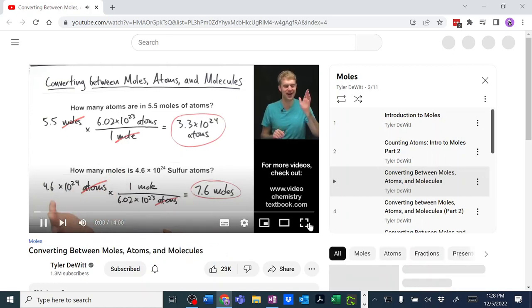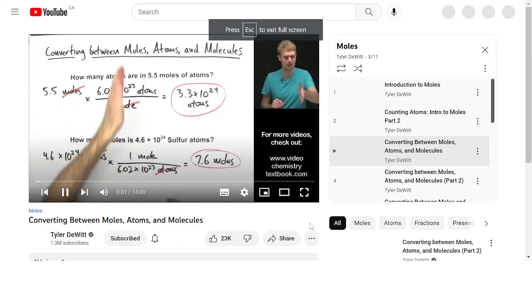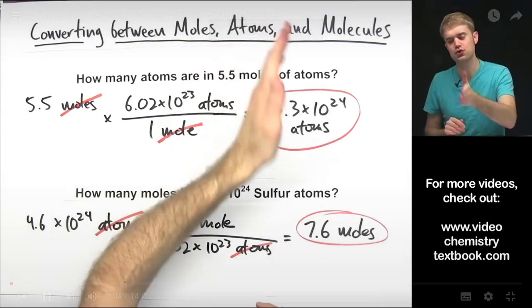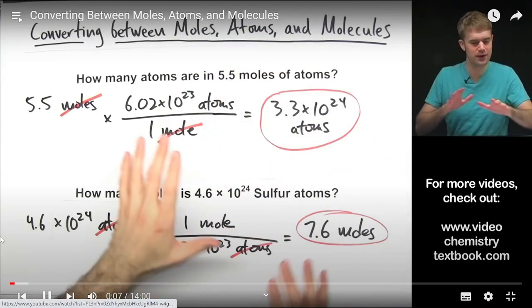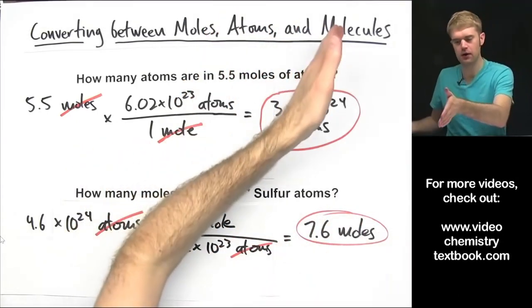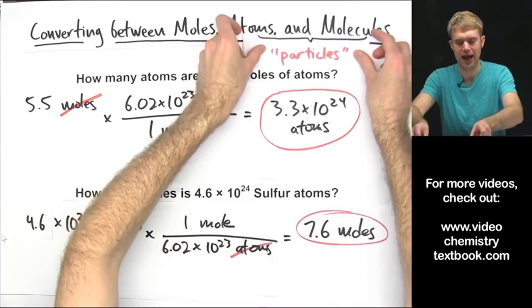This might be all we get. We're looking at how to convert back and forth between moles and the number of atoms or molecules that we have. Now, when we do conversions like this, atoms and molecules are sometimes both referred to as particles.